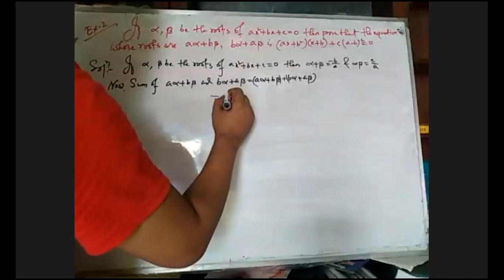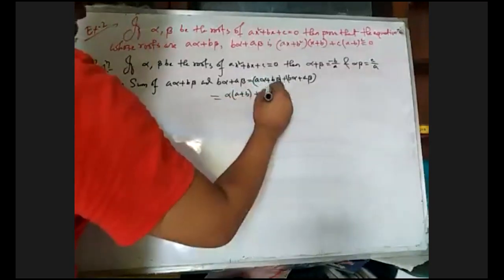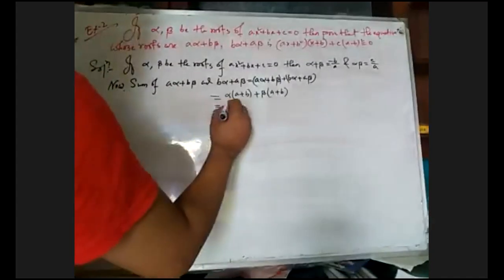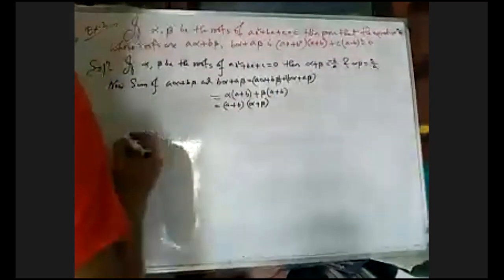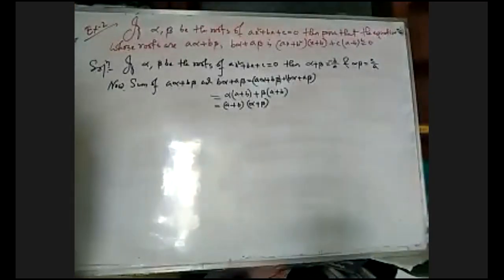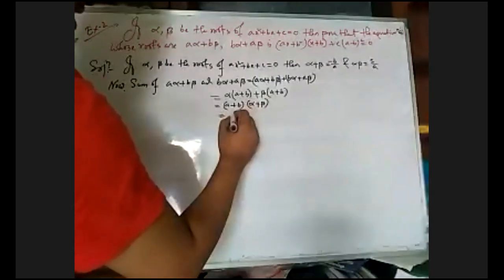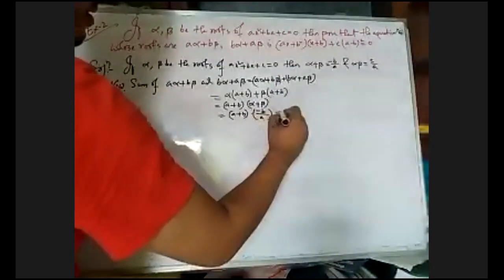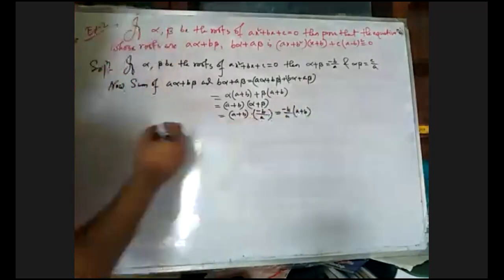If we take alpha common, a plus b, and beta common, a plus b, then we get a plus b common, alpha plus beta. But alpha plus beta equals minus b by a. So this equals minus b by a into a plus b.